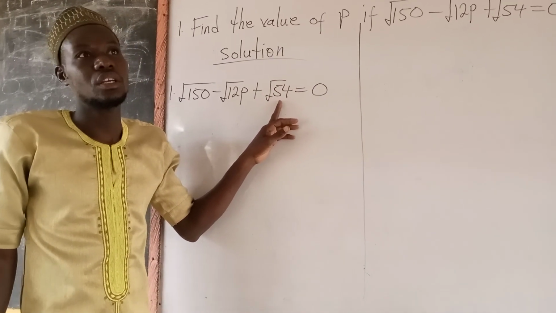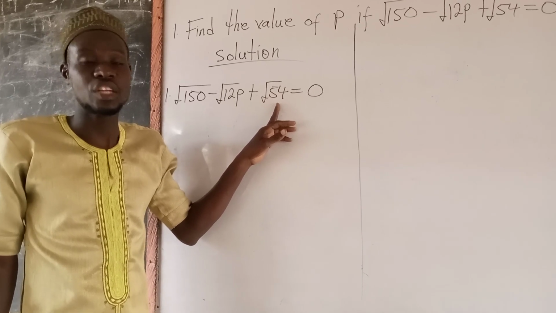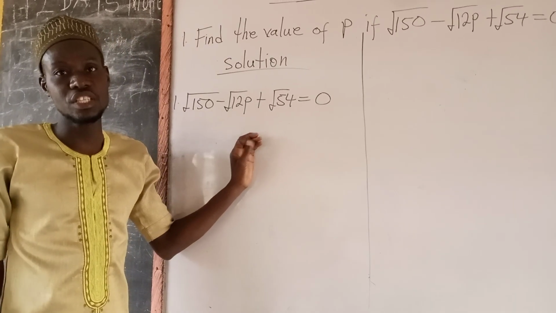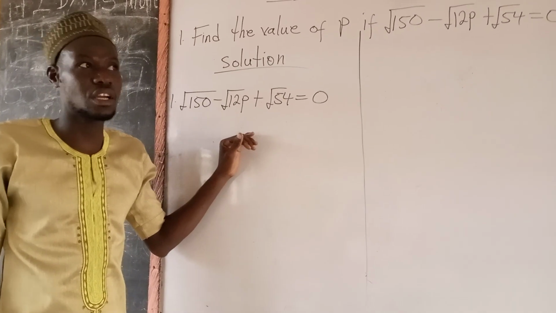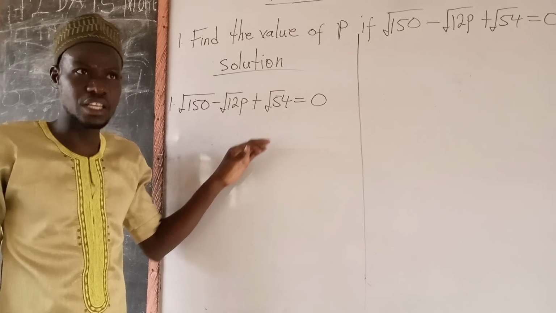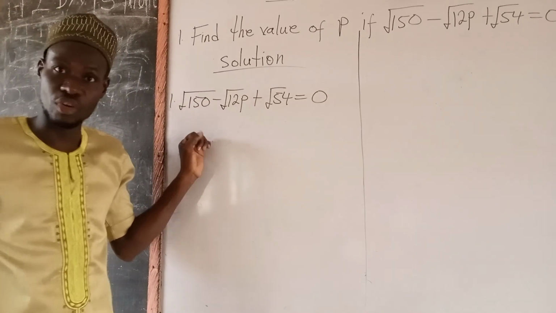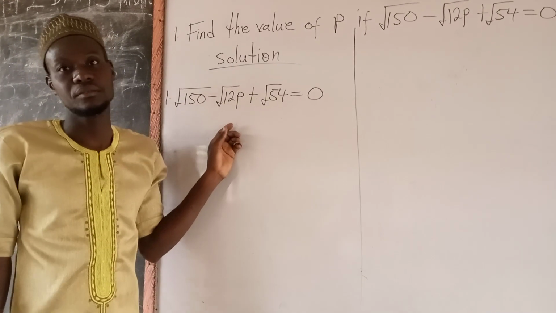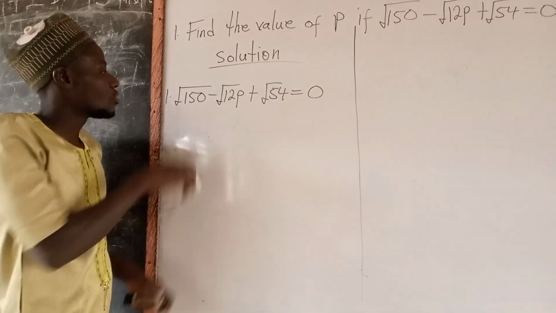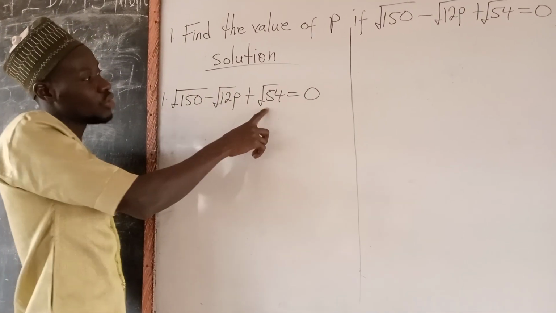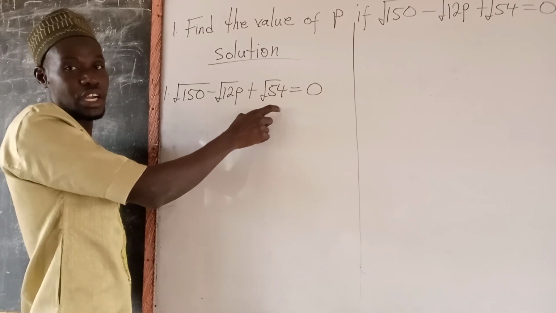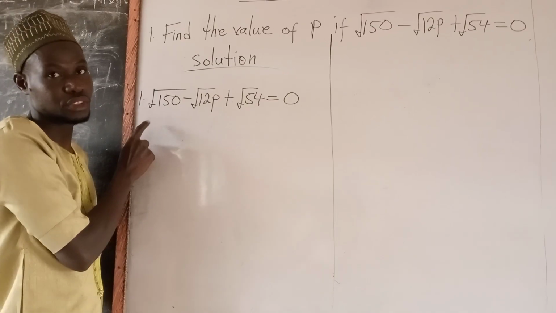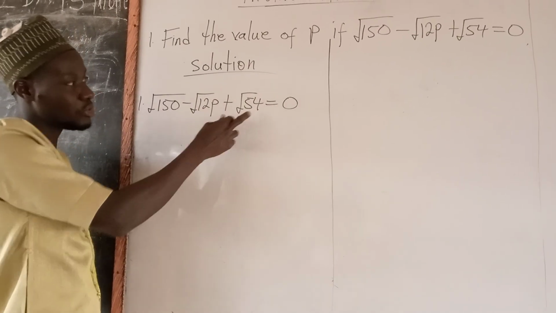And most often, when you express them to their various factors involving those perfect squares, you are likely to get common surds. In root 150 and root 54, we can get a common surd, and that will be root 6.